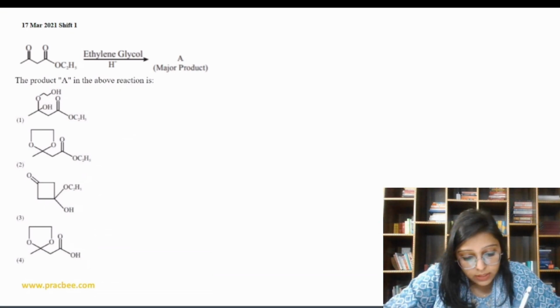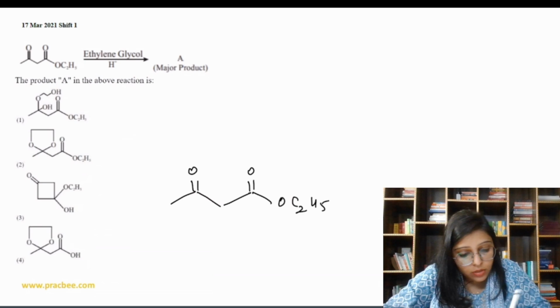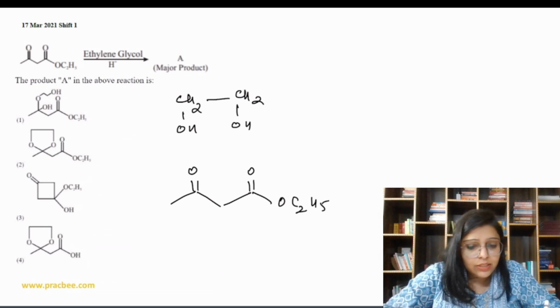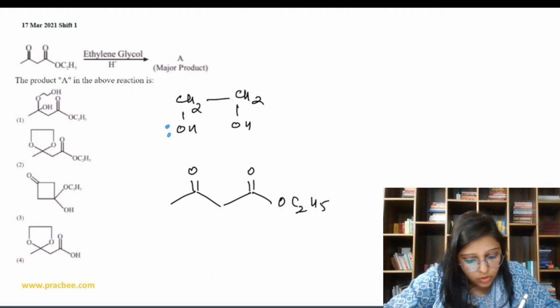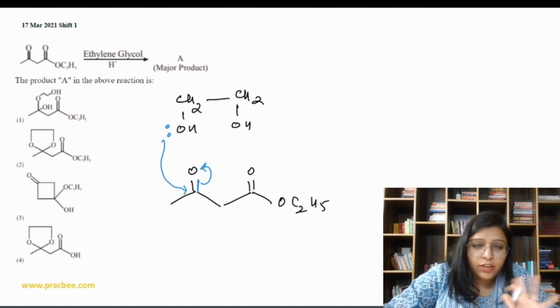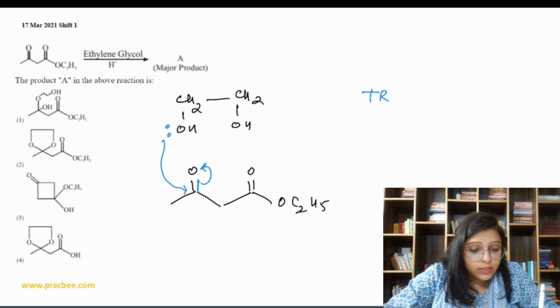Ethylene glycol. See beta, we have double bond O and OC2H5. So ethylene glycol is CH2 OH and OH. This is actually a nucleophilic addition reaction. So what happens? This oxygen lone pair attacks over here and the electrons of this bond shift over here, right? But what is the trick?